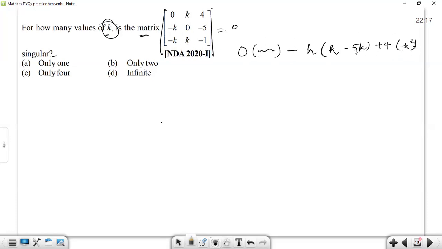So this is 0 minus K square plus 5K square, minus 4K square. 0 equals 5K square minus 5K square, which becomes 0. So we are not able to find any particular value of K. This means that for any value of K, the matrix is going to be singular for sure. So we can put any value of K, meaning the domain of K is the real numbers.